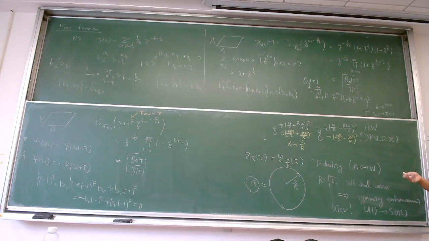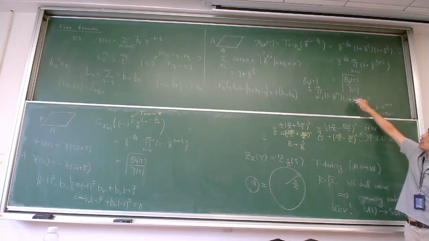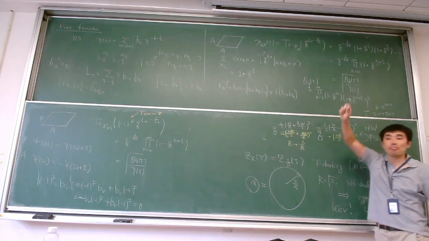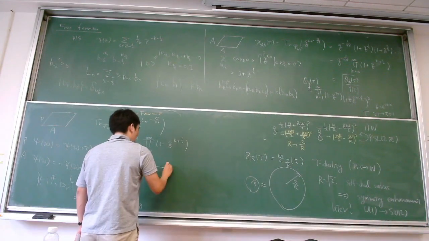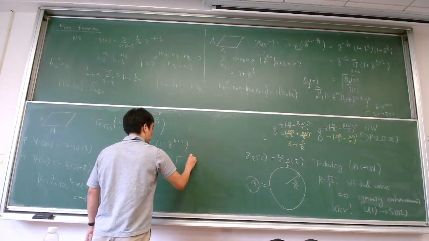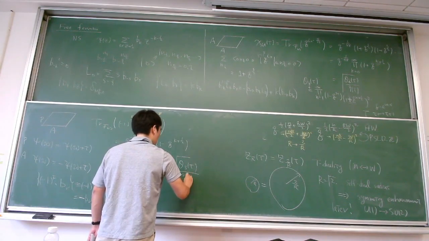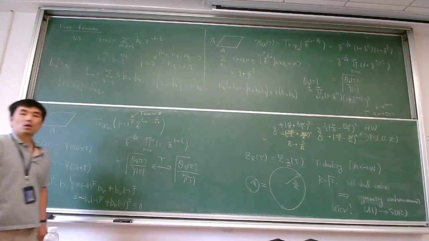Therefore, up to this T transformation, plus and minus will be swapped. So they are related by the T transformation. Okay? Like this.